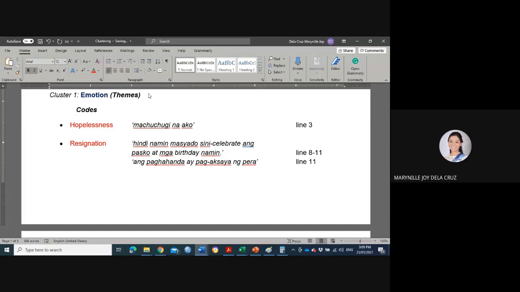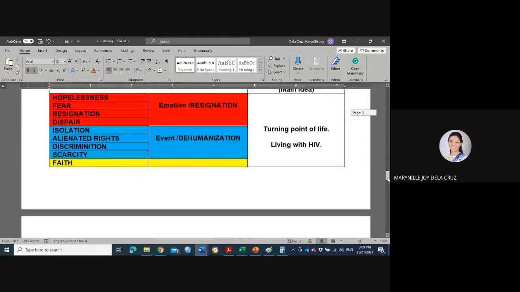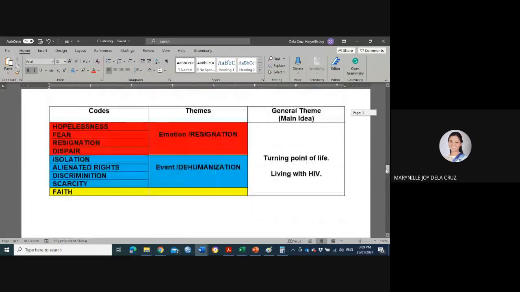These are your codes. These are your themes. These are your lines. I will put red so you can see it more easily. Okay. That's it.